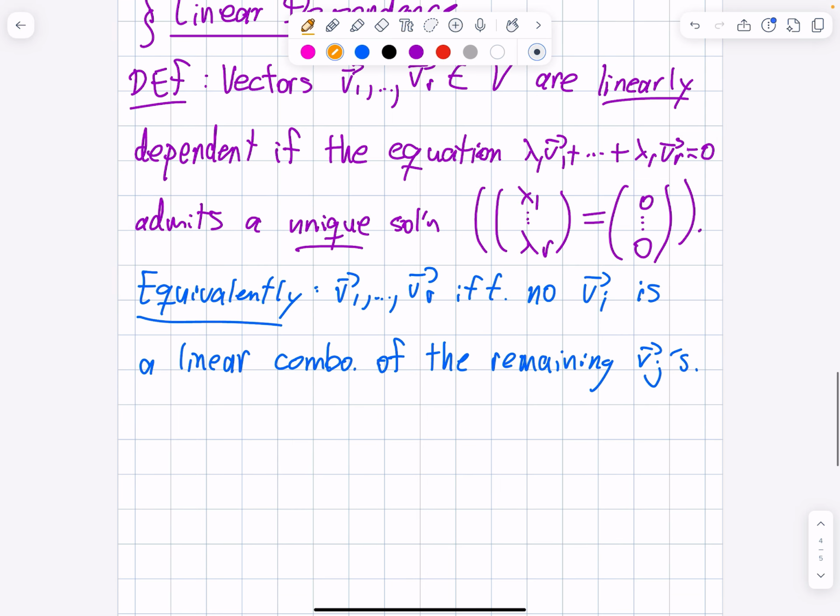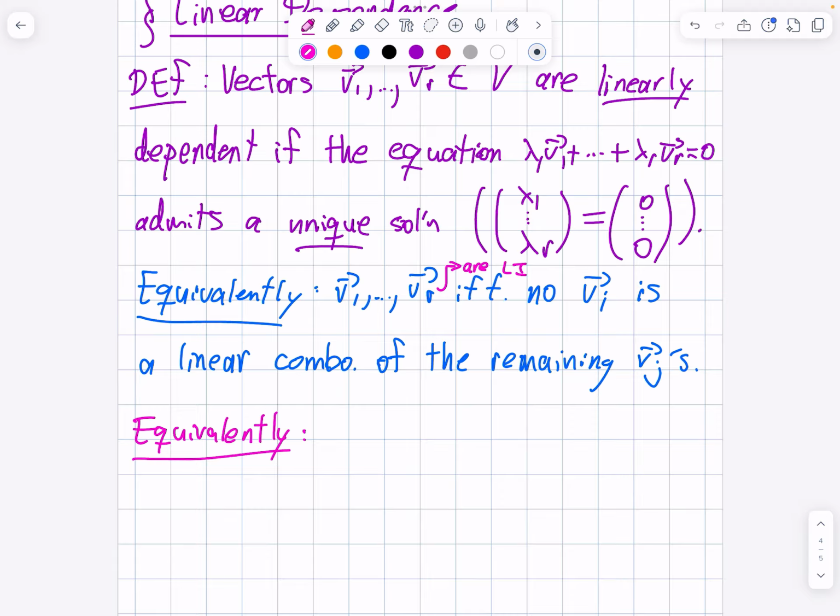Let's go for one more here. I forgot to make this a full sentence. So these guys, what I meant to write up here is are linearly independent.